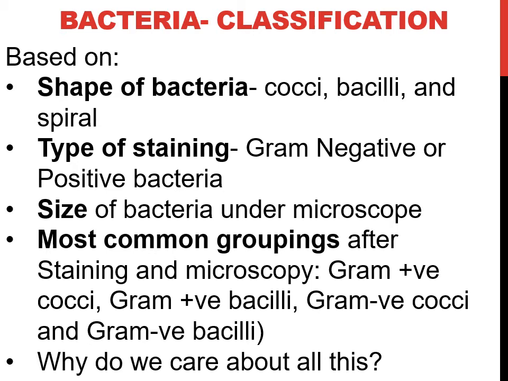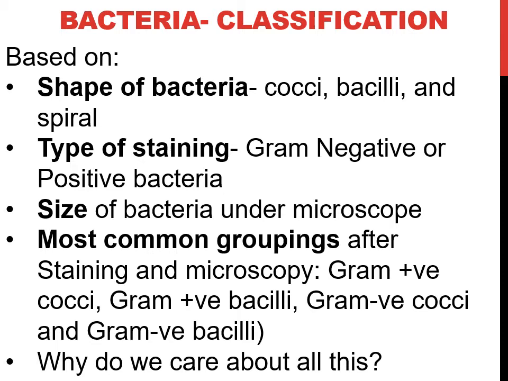So I would say the most common groupings after the size and the staining and the shape, you usually end up with a description such as gram-positive cocci or gram-positive bacilli, or gram-negative cocci or gram-negative bacilli.